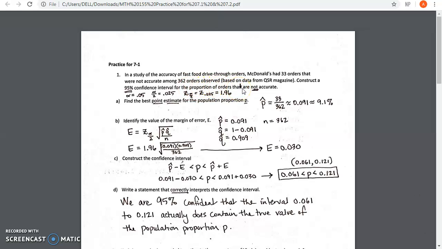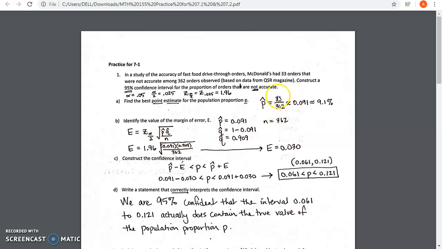The first thing you need to do is find the best point estimate for the population proportion. The best point estimate for the population proportion would be the sample proportion that we have found through this data, and that's p hat. So how many orders were messed up? 33 out of a total of 362 orders.